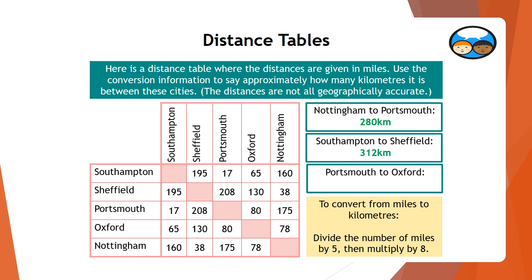Southampton to Sheffield. Well, that is on our grid as 195. So 195 divided by 5 gives us 39. So 39 multiplied by 8 gives us 312.